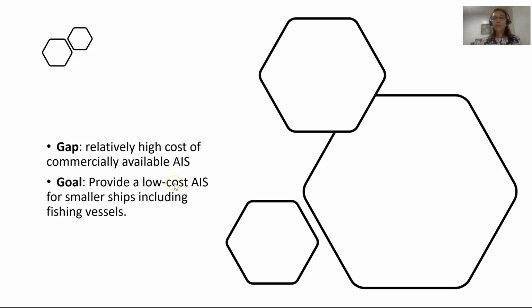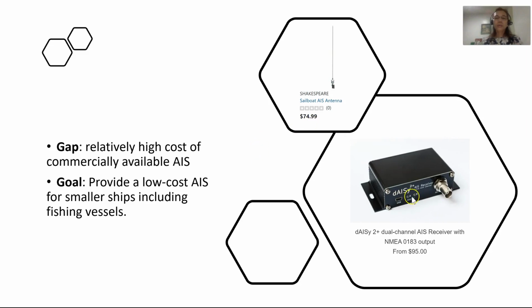Now, in order to do that, we just needed an antenna. If you're going to look at the screen, it's only around $75. And then, of course, the receiver, which is around $95, and the mobile app. Because the cell phone is now commonly used even by fishermen, so why don't we make use of that?